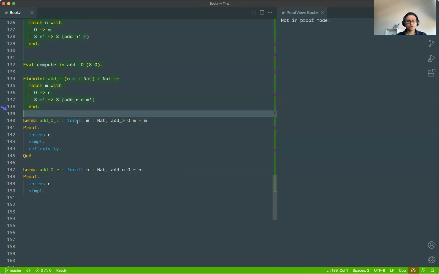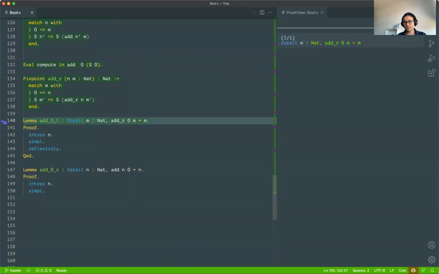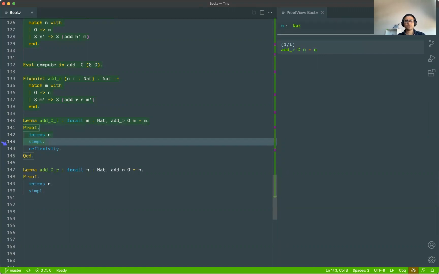So the simplifier or the type checker has no idea how to reduce the term which is 0. So let's prove this thing and convince ourselves that it's true. So I assume, oh, you see, it did not. It's not reducing at all.